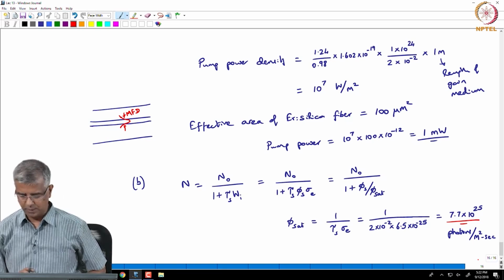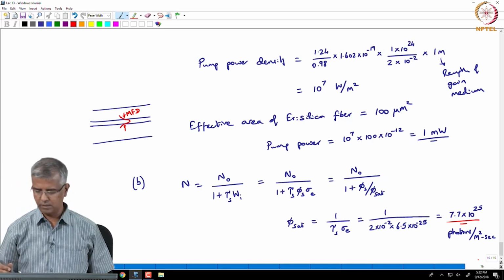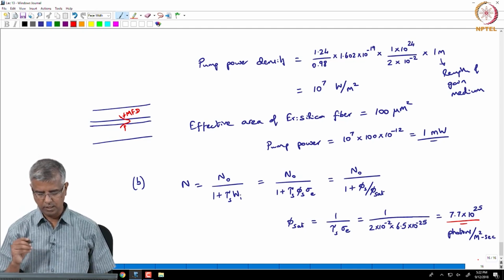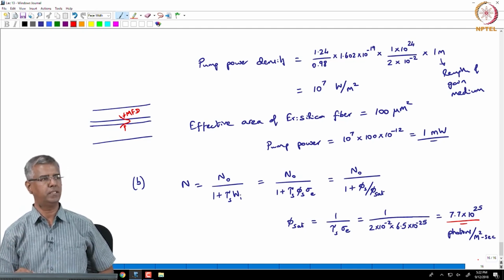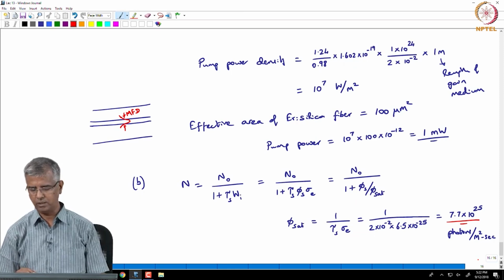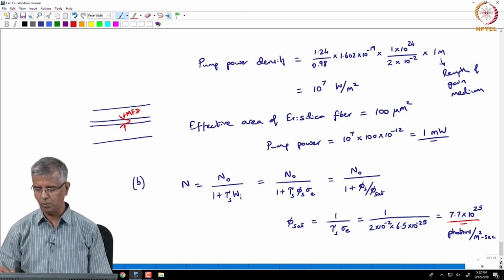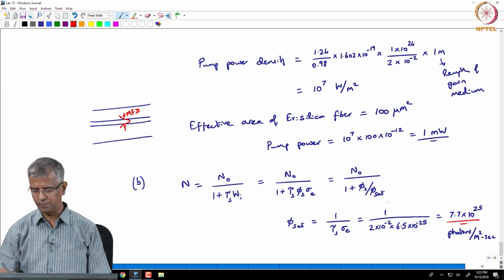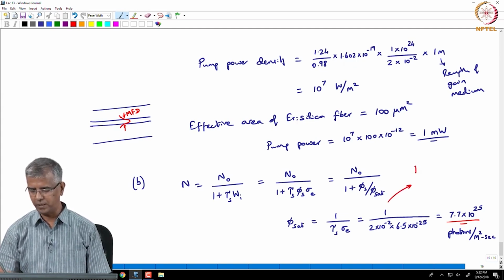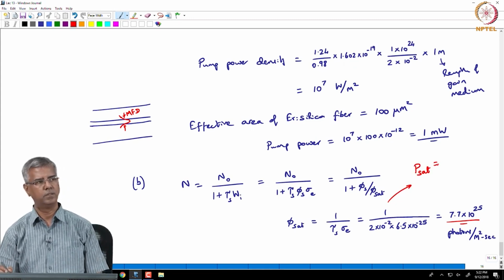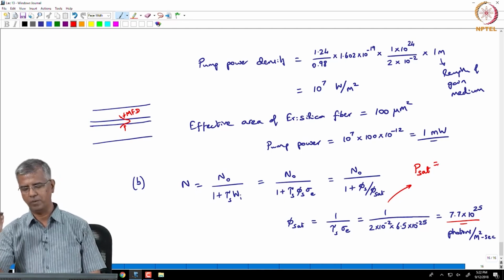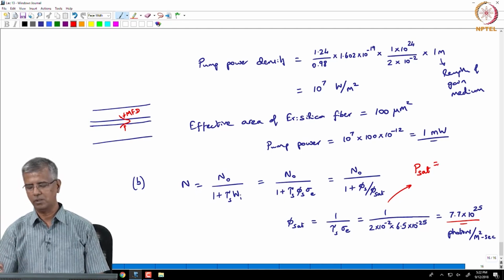And of course, you can do this exercise. This is the saturation flux density, the photon saturation flux density. If you want to find the corresponding saturation power P sat, how do you go from flux density to power?